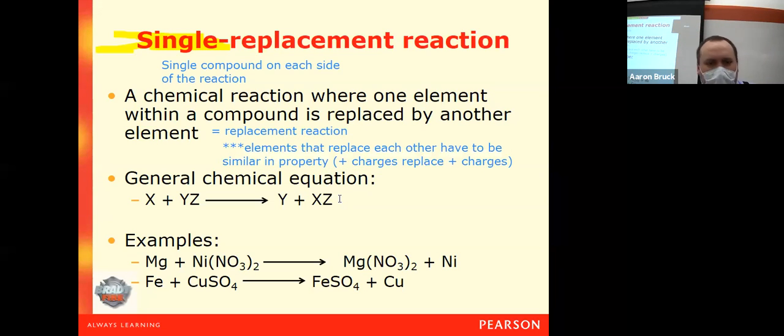What I mean by that is the things that have positive charges are going to replace other things that have positive charges. Now, I usually like to generalize that and say that metals replace metals and non-metals replace non-metals. Where that gets tricky is the bit with hydrogen. Hydrogen is a non-metal, but metals will replace hydrogen.